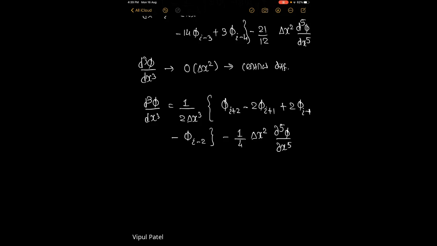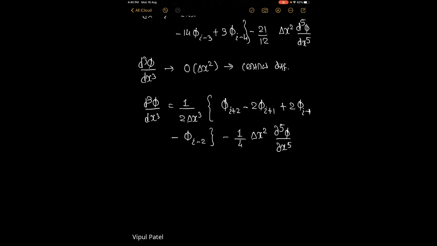So what we have studied in this session: we started with the first order derivative, del phi by del x. Then we derived three different schemes based on Taylor series expansion. We understood that the forward and backward schemes were first order accurate, whereas the central difference scheme was second order accurate. Then we asked ourselves, can we improve the order of accuracy of forward and backward by any means?